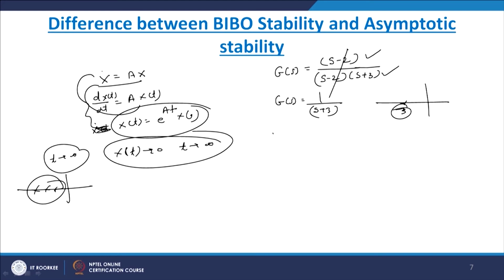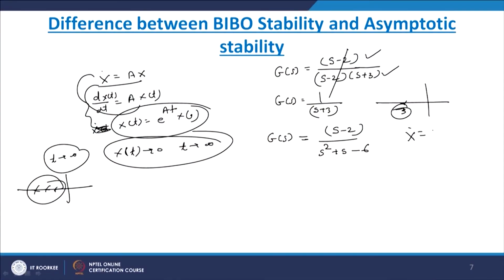If we solve this, G of s is equal to s minus 2 over s square plus s minus 6. So, G of s we have solved. Now, we want to write this system into state space form.